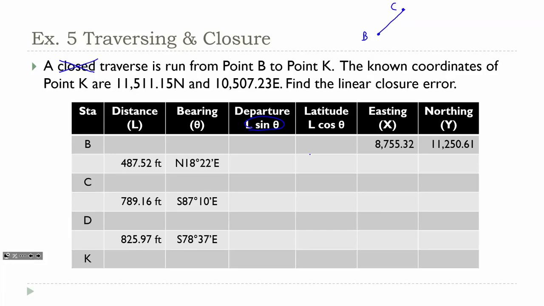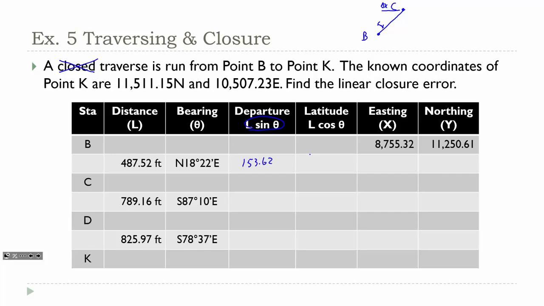So what does L sine of, well, this angle, so departure is delta X. In this case, sine would give us the right thing, because that's going to give us our distance here. So what's 487.52 times the sine of that angle give you? 53.62.